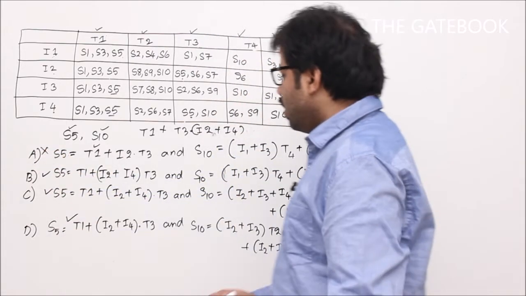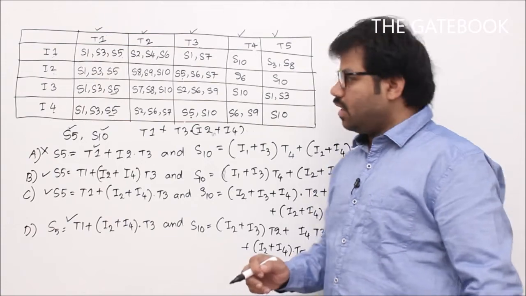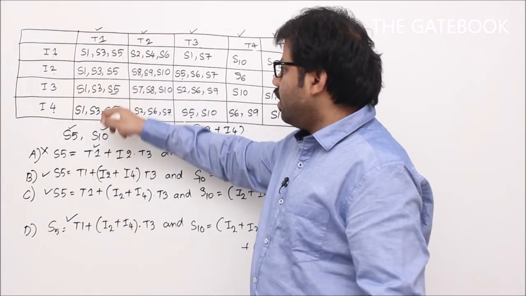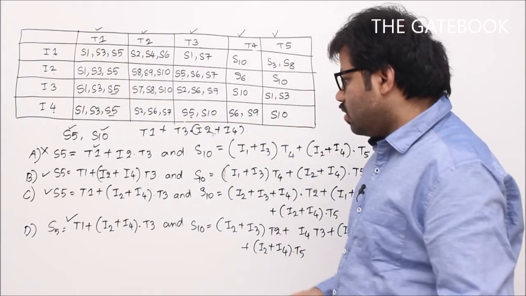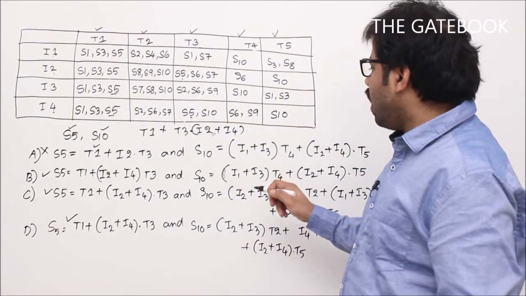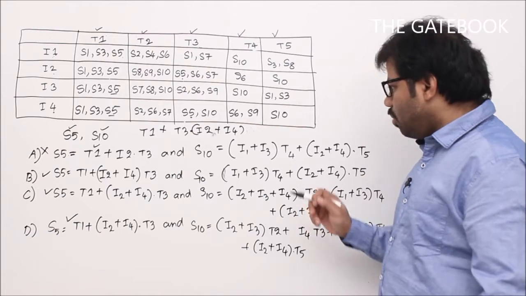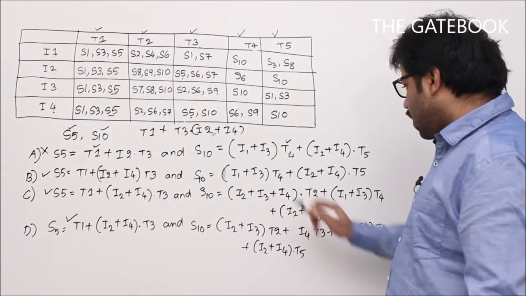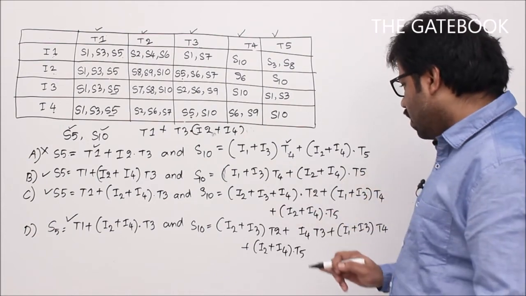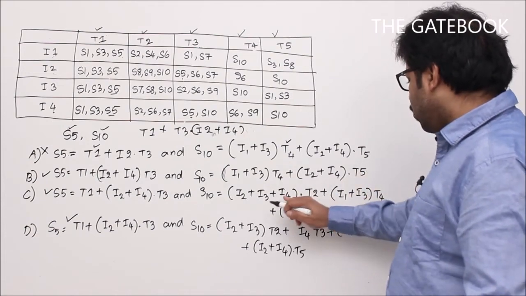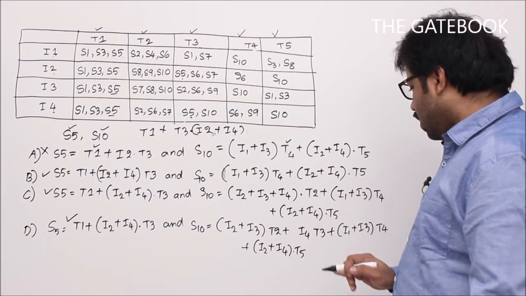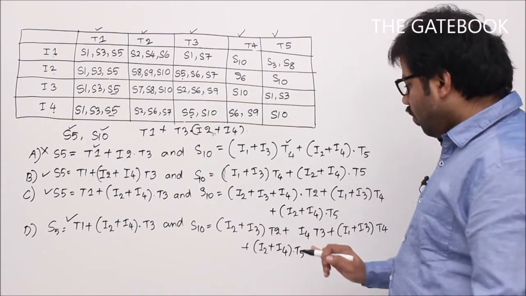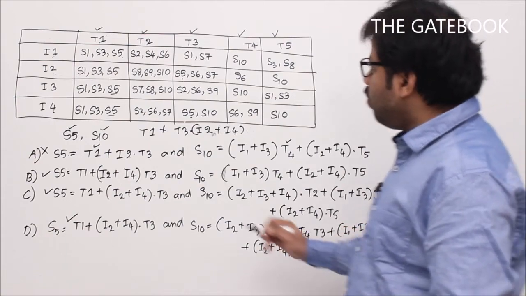Option A is eliminated. Now, similarly, we have to write the equation for S10. Is there any S10 in the T1 line? No, so the S10 equation should not have T1. Now in the options, there is T4 into something plus T5 into something. Let's see T2.